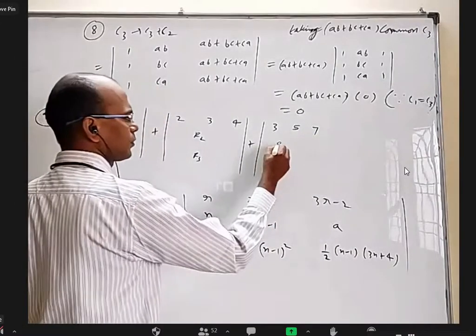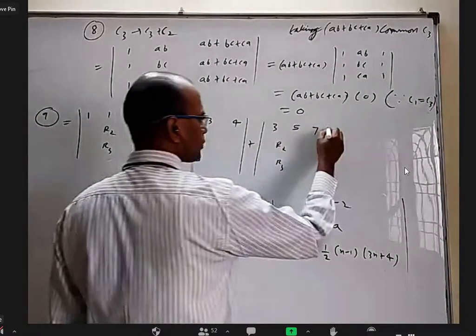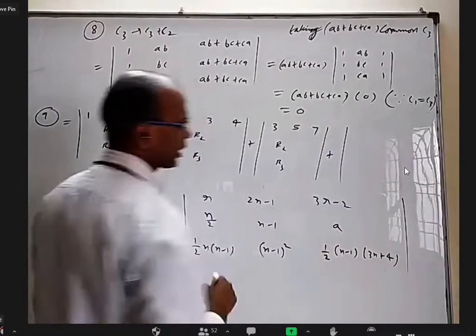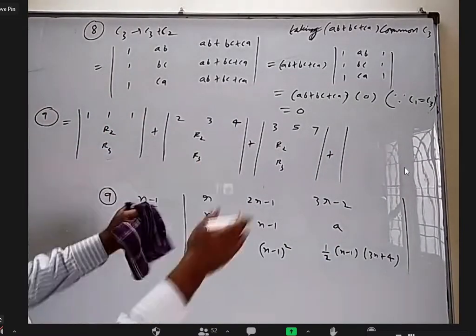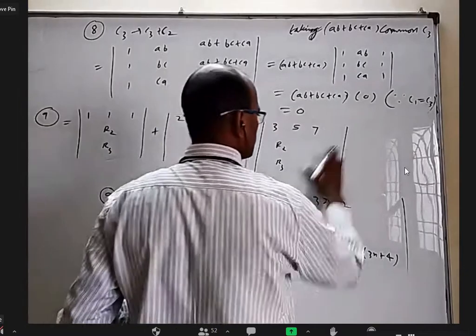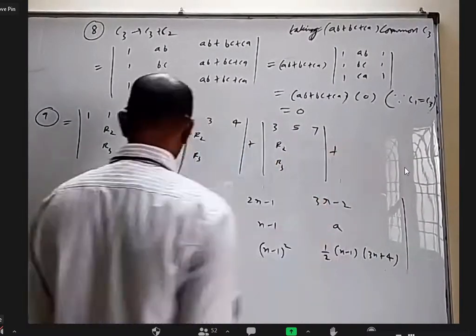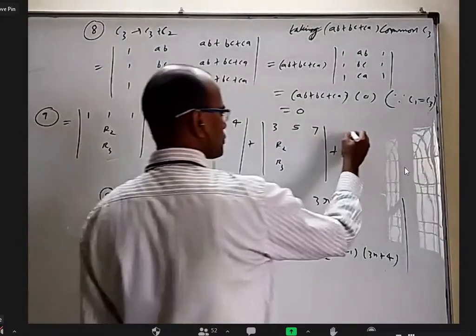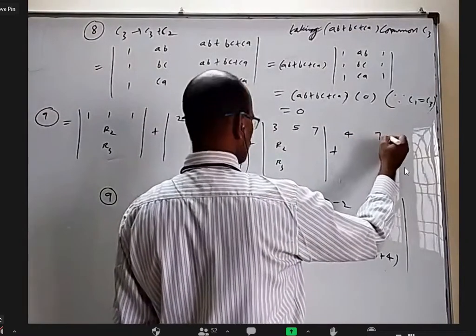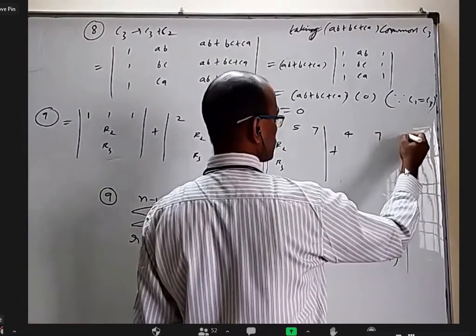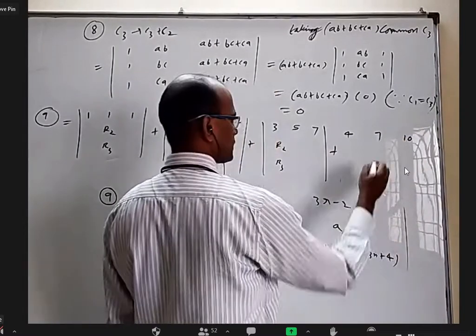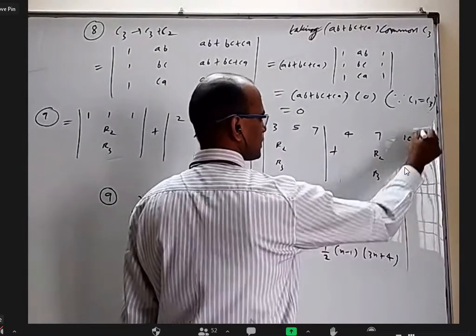And again, same second row, same third. And when I put R equal to 4, this will be 4, this will be 7, this will be 12 minus 2, 10. Same second row and same third.